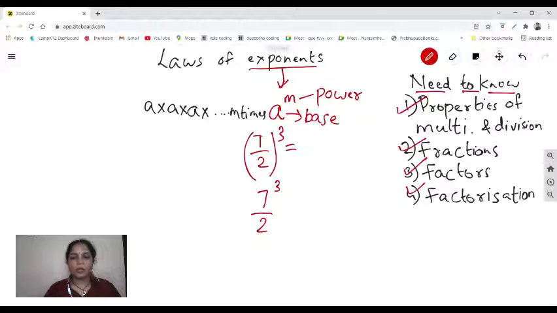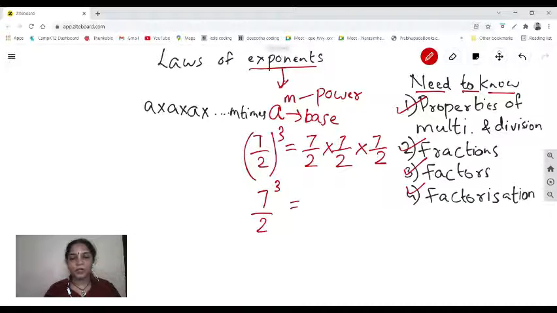7 by 2 whole power 3 means, as we understood the idea, the power means the base is multiplied that many times. The entire 7 by 2, 7 by 2 multiplied by 7 by 2 multiplied by 7 by 2. That is the meaning of 7 by 2 whole power 3. Now, what is the meaning of this?